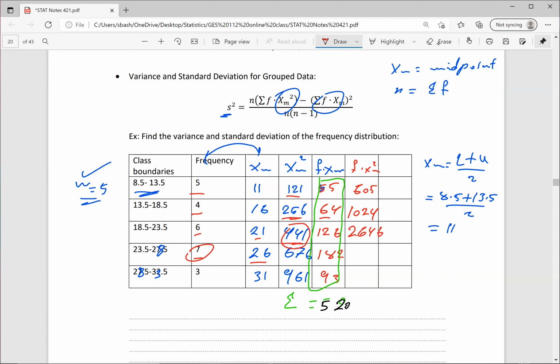Next one, the frequency is 7 multiplied by 676, equal to 4732. Next one, frequency 3 multiplied by 961 is 2883.